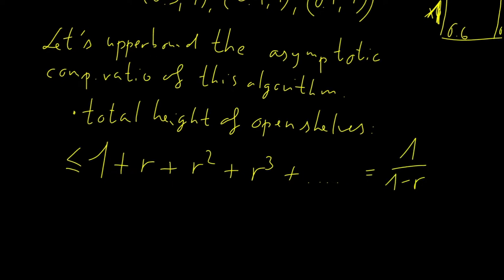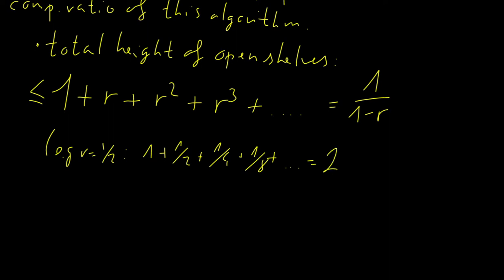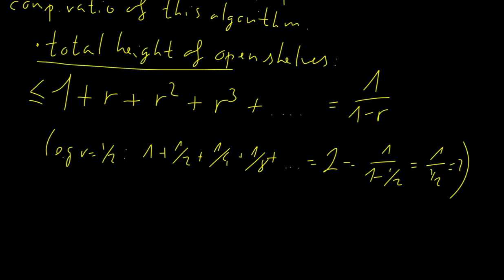That's a well-known equality for summing geometric progressions. So for example, if r equals 1/2, then 1 plus 1/2 plus 1/4 plus 1/8 and so on is just 2, which is of course 1/(1 minus 1/2). But this holds for any possible r between 0 and 1. Okay, so the total height of open shelves is this guy here, which is a constant.